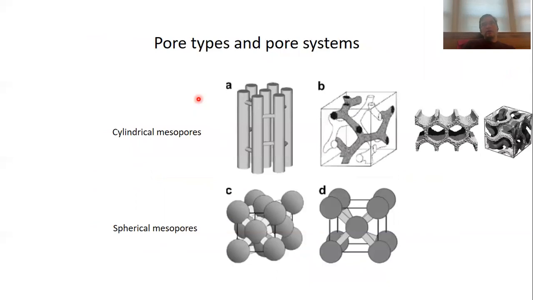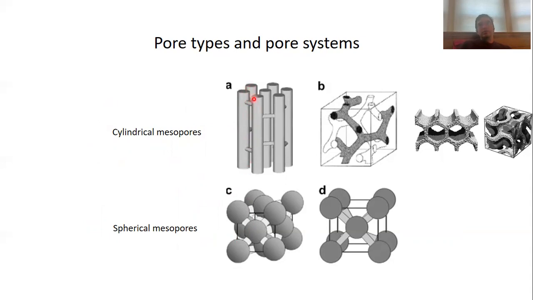All right, so now we can not only have different pore sizes, we also have control about the pore types and the pore systems. Generally, we can distinguish between cylindrical mesopores and spherical mesopores, whereby the cylindrical mesopores can be straight.